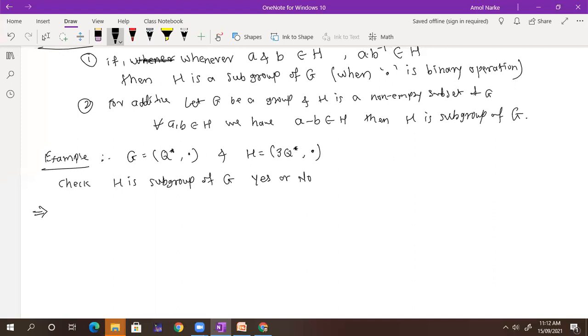Now the first thing you need to check is what kind of elements we have in H. Let A and B belong to Q star.